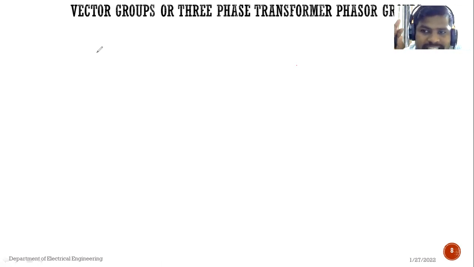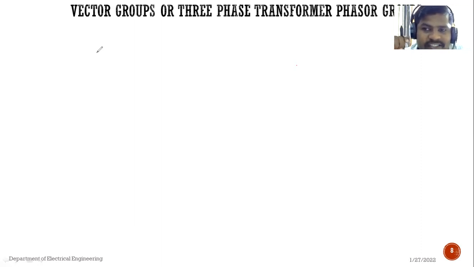As one example, a distribution line having a delta star connection. That means a three phase four wire system is there in our agriculture field, or in our domestic load. We are using a three phase four wire system.